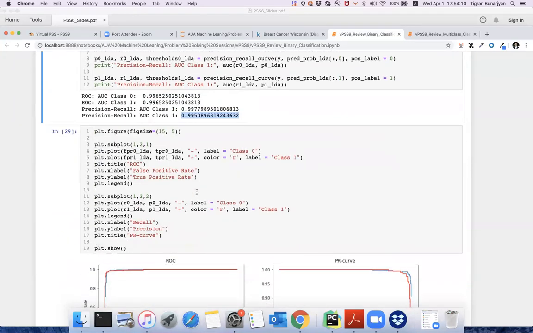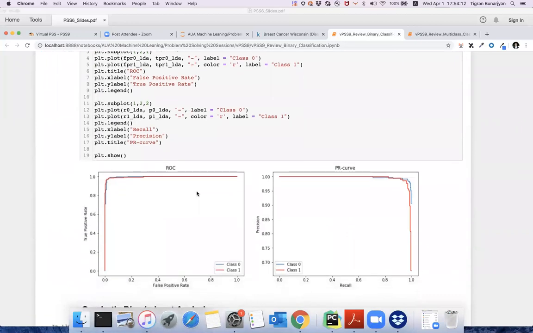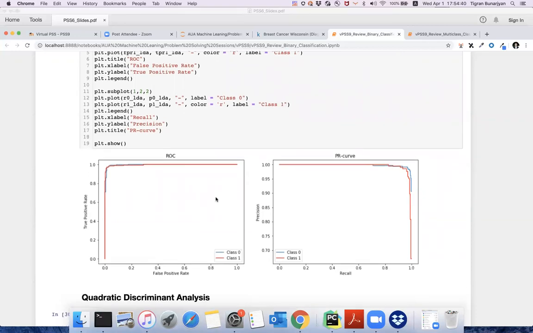And when we plot the ROC curve and the PR curve, we see that of course the model is a good one. Somebody asked about a good model in the beginning. Of course, the model in here is a good one, and we can use this model as a classification model to classify the data.